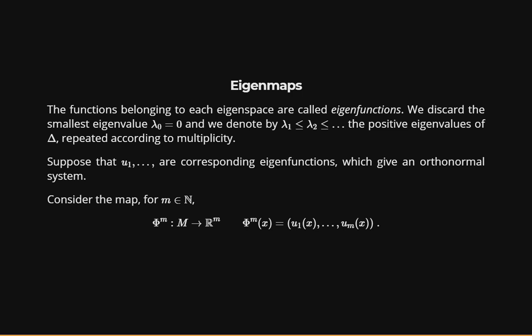Obviously not the first one, because the first one will be the constant 1, so we don't care. A non-trivial result, not even that old, tells you that for m large enough, phi m is a smooth embedding.